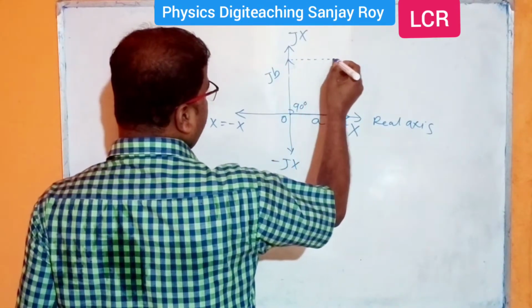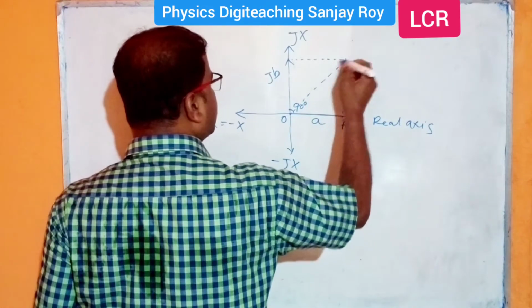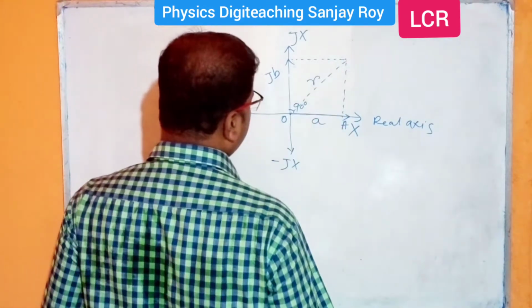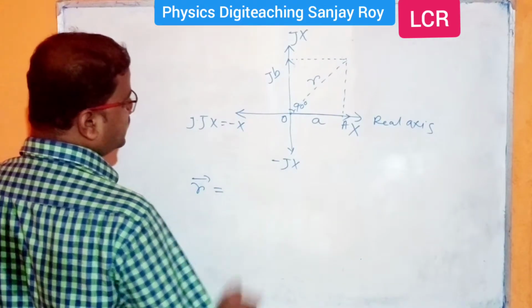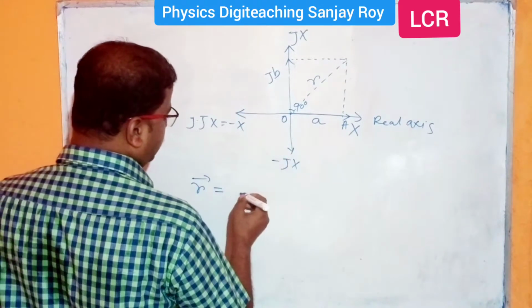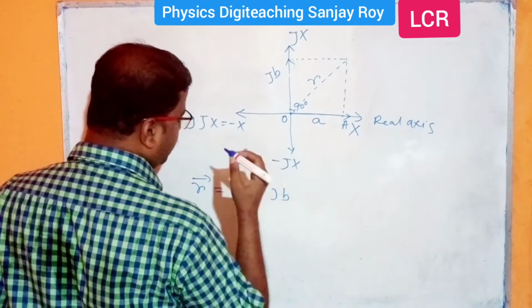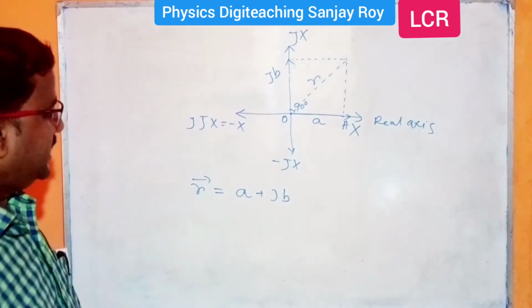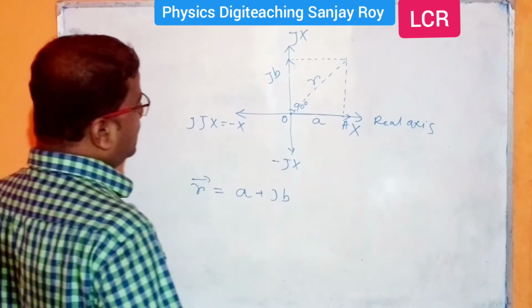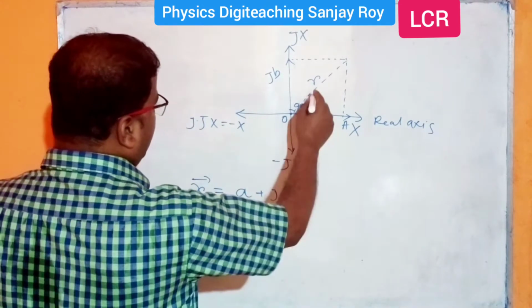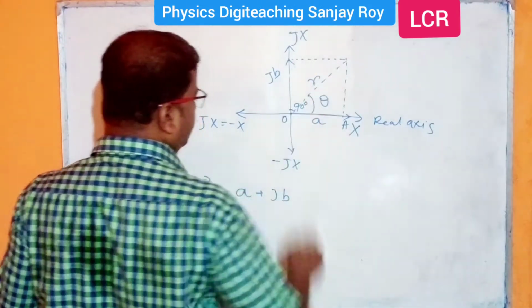The resultant is, say, R. Then the vector R we can write as A plus jB, a complex number, and this angle is theta.